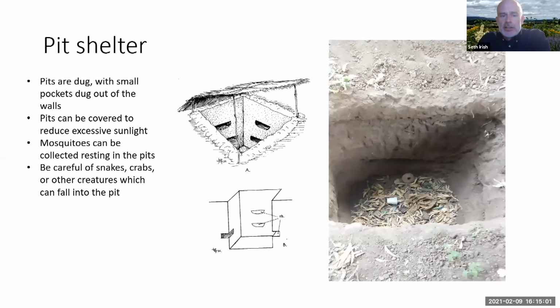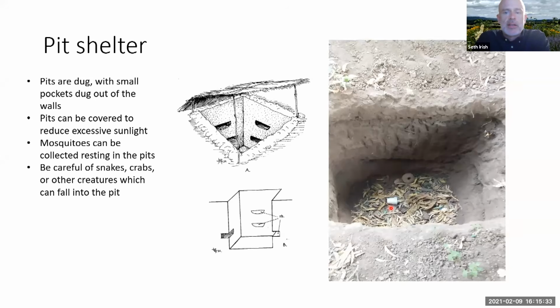And I mentioned the pit shelter earlier. A pit shelter is basically what it sounds like. You dig a big pit in the ground, and because it is a bit sheltered from the sun, it can create a nice microclimate, a bit more humid with the soil. You can dig out little pockets in the walls of the pit. And so you can hop down there and look for mosquitoes resting inside the pits.